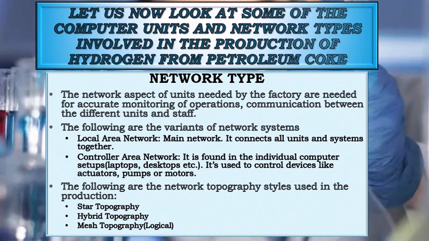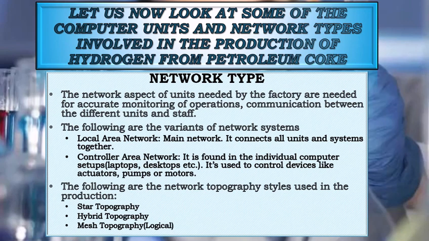The next slide talks about network types, the kind of networks involved when creating the system. To ensure everything runs smoothly, networks play a critical role. Factories rely on local area networks, also called LAN, which connect all systems together for monitoring and control.